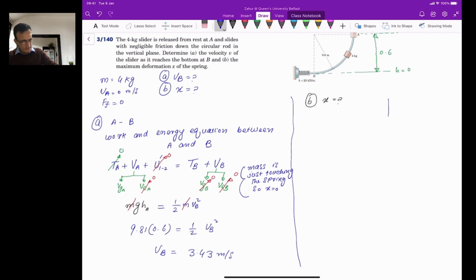We can visualize this problem: this is the final compressed position of the spring, this was the position at location B, and this is C. Here x was 0, and here now we have x. The x was maximum here, which we need to calculate, this was velocity B here, and velocity at C will be 0.